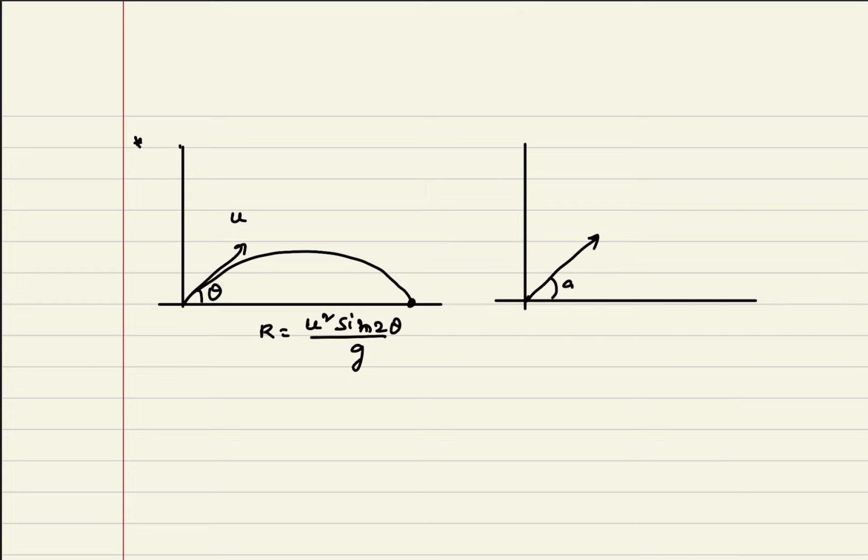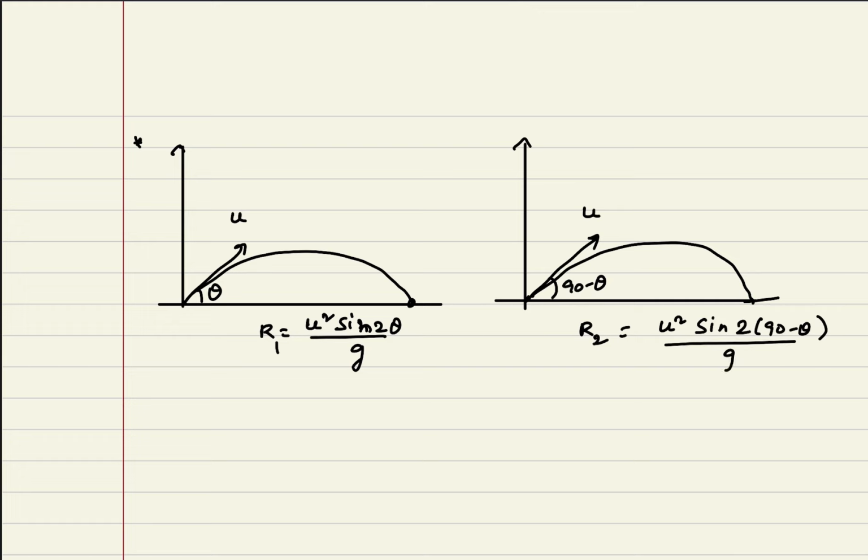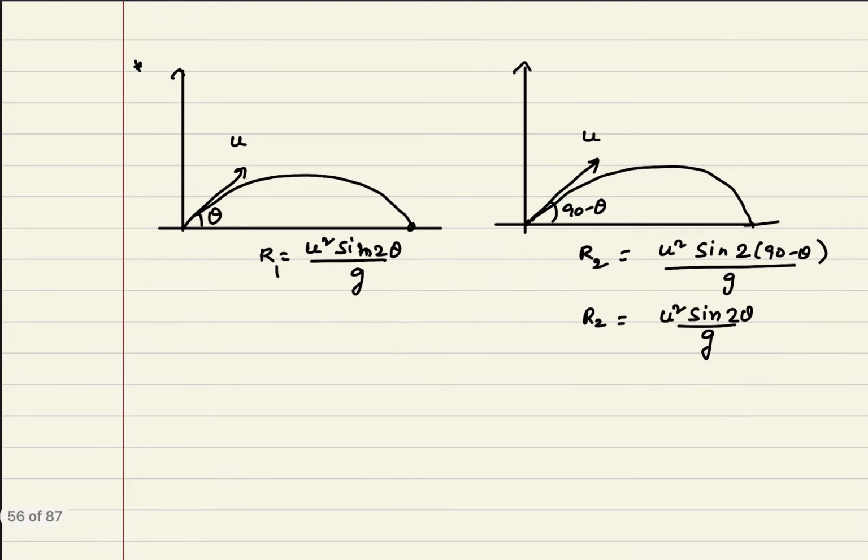If I project with 90 minus theta, with the same u, I get the range, R1 in the first case and R2 in the second case. R2 is u square sine of 2 into 90 minus theta, whole divided by g. So this value R2 also you can write as u square sine 2 theta divided by g only.